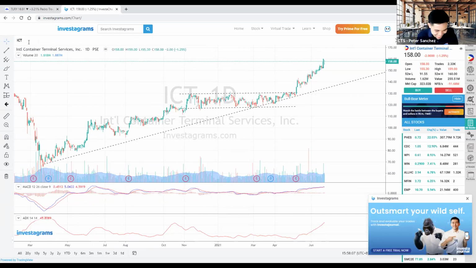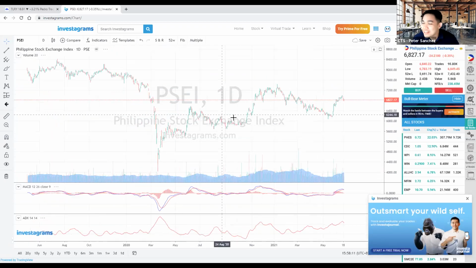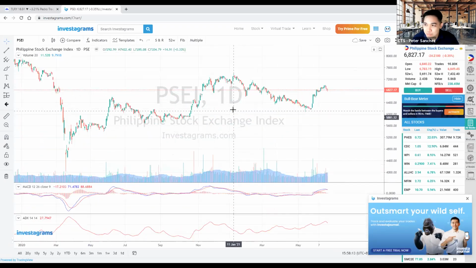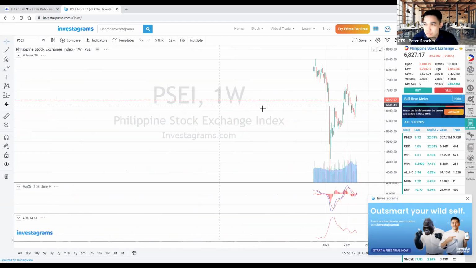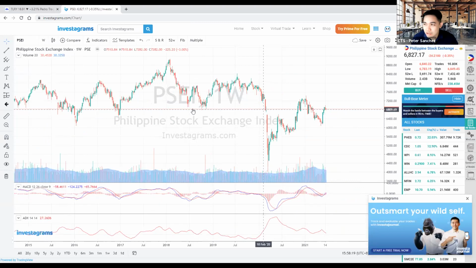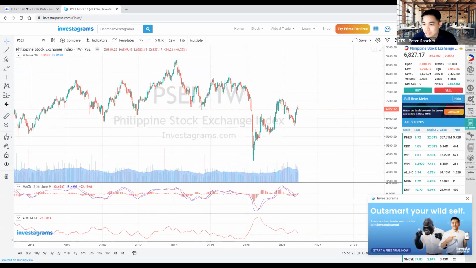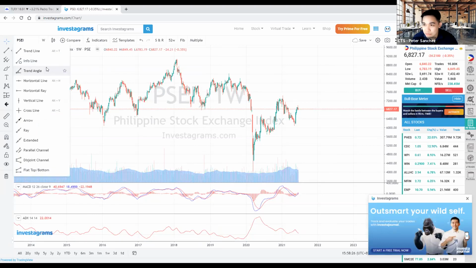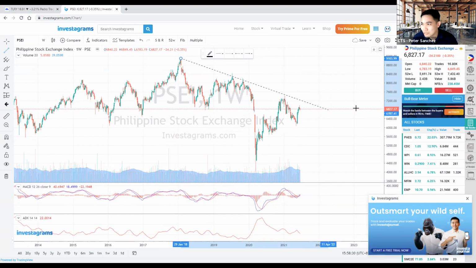PSEI. May konting bias sa PSEI kasi overall bigger picture. Since I don't trade the PSEI a lot. Actually, ito weekly time frame, investor cap to. Actually medyo downtrend siya.